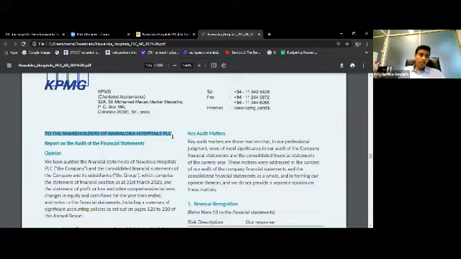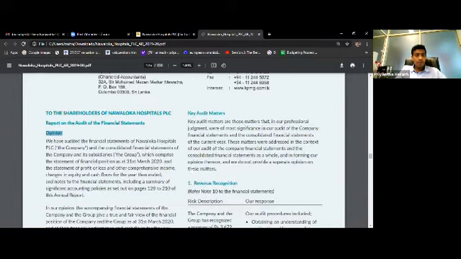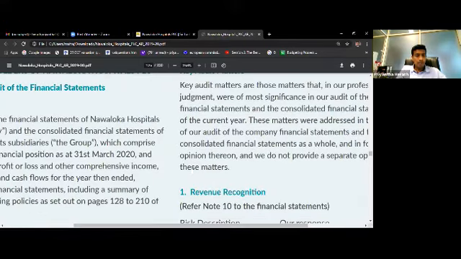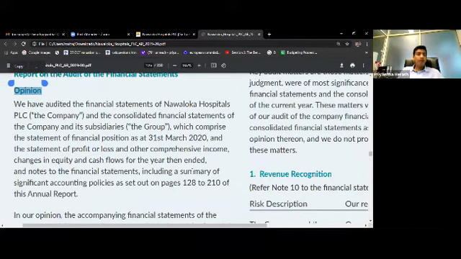And what's their opinion? Can you read this? Is it too small? Right? So they say we have audited the financial statements of Navaloka Hospital PLC.